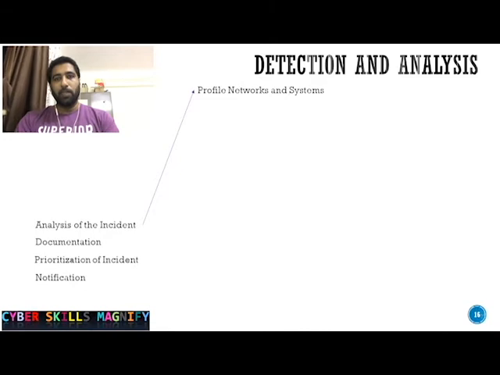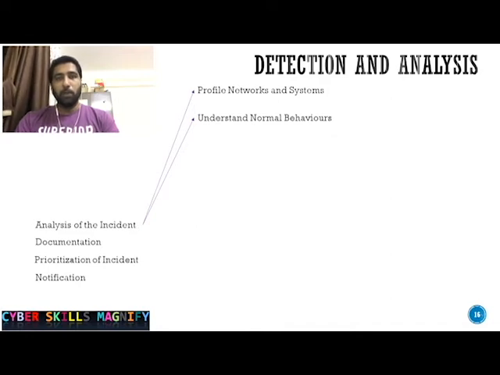Understand normal behavior. Incident response team members should study networks, systems, and applications to understand what their normal behavior is so that abnormal behavior can be recognized more easily. One way to gain this knowledge is through reviewing log entries and security alerts. Create a log retention policy.